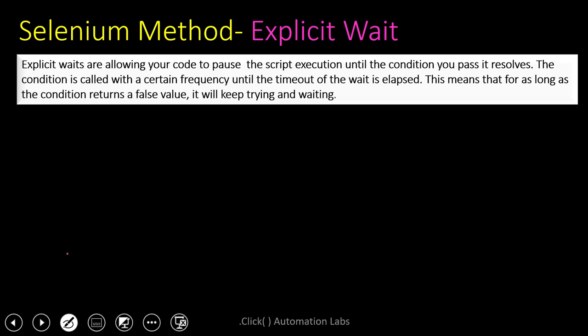But if the driver decides to wait for a specific passenger, that's an explicit wait. If the driver says, I will only start the bus when this person comes, that is a condition on a specific element, called an explicit wait.